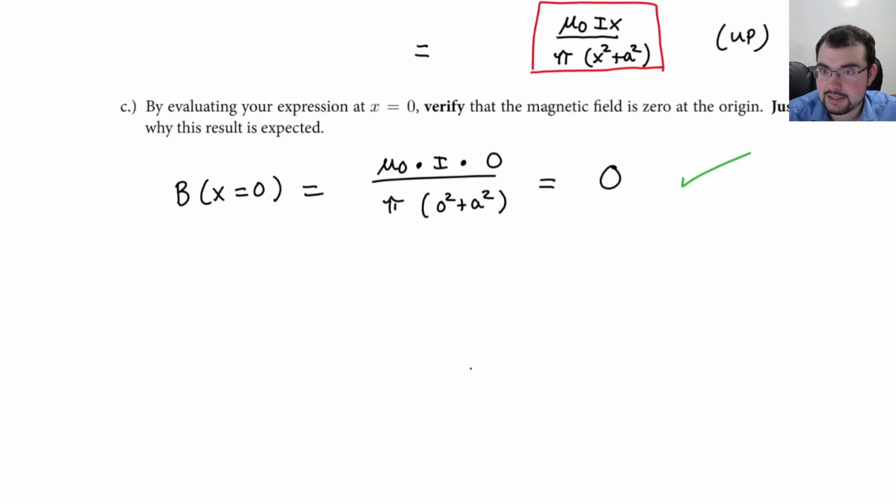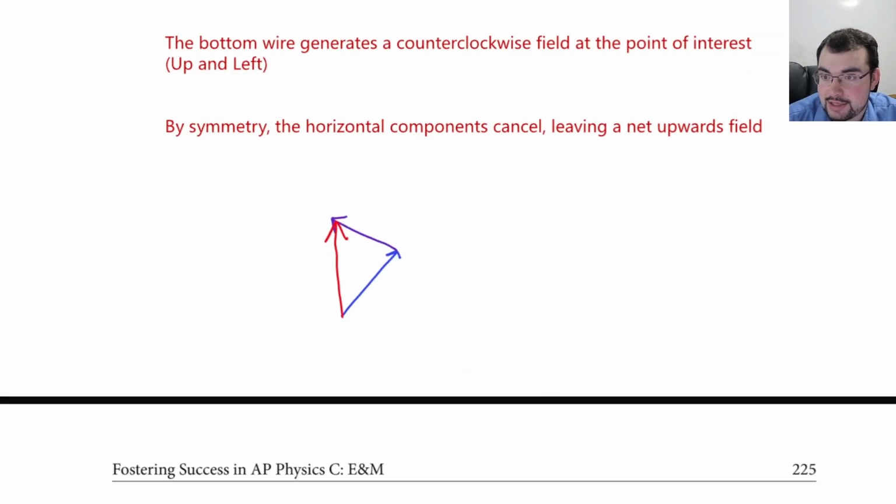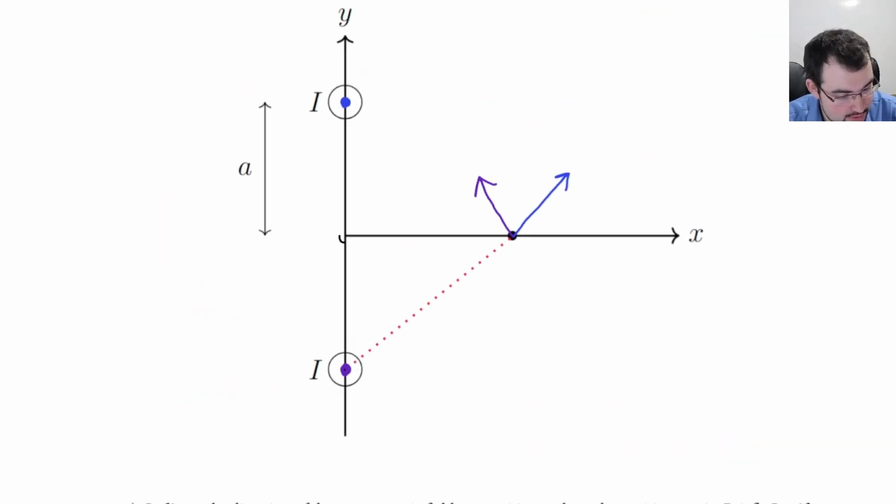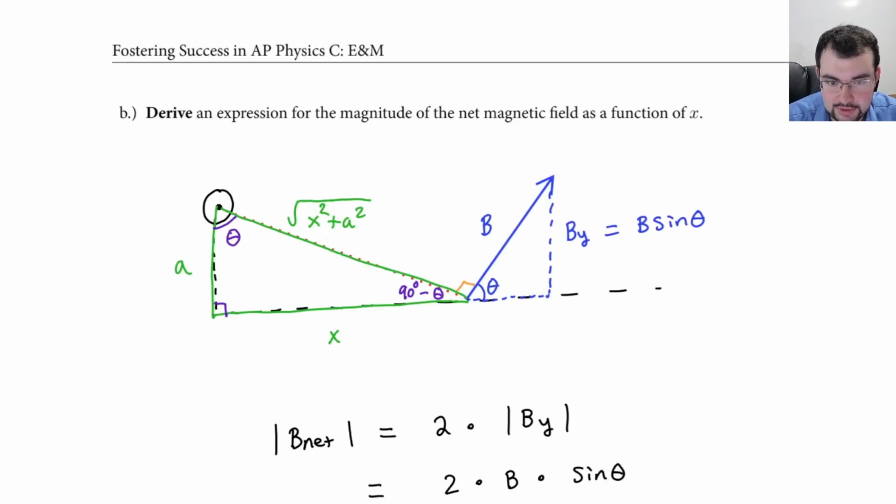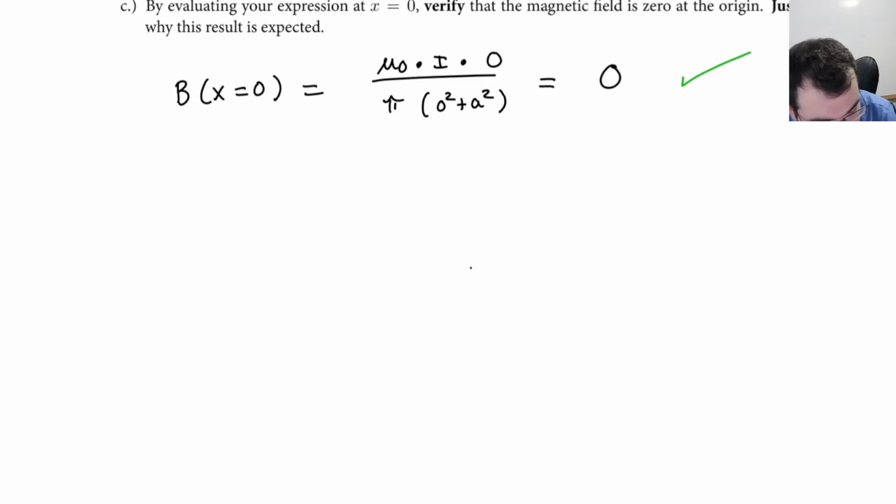So why is this expected? Well, what does it mean to be at x equals 0? Well, if you're at x equals 0, you're right here. This is x equals 0, so you're right between the 2 wires. And if you're right between the 2 wires, that looks like this. So we'd get counterclockwise here, and counterclockwise here and counterclockwise here.